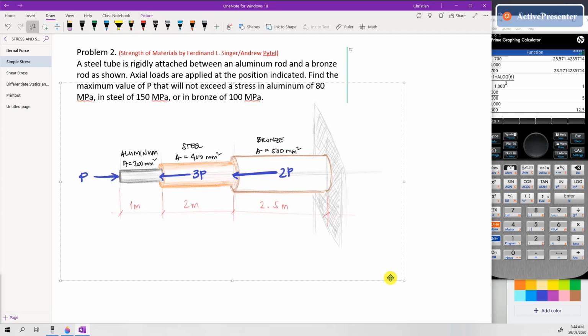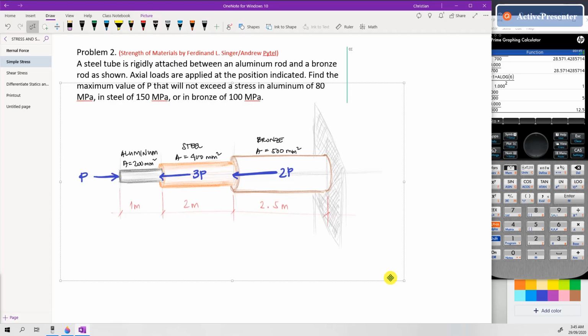So the steel tube is rigidly attached between aluminum and bronze. Okay. So halos similar lang yung sa kanina, no? And given nga yung mga actual forces as shown. So find the maximum value of P that will not exceed stress in aluminum.